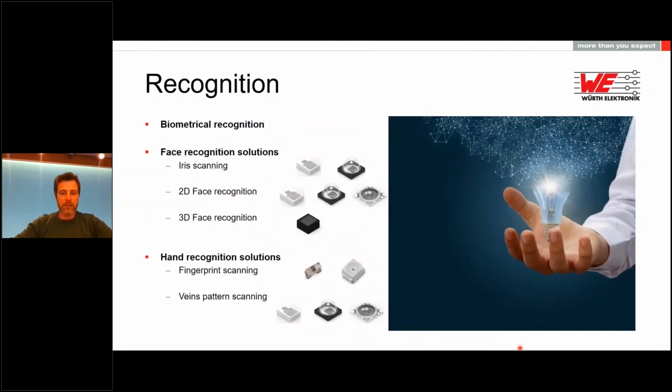On the other hand, compared to biometrics, we can put biometrics also into a different group, which is the biometric recognition group. Here we focus more on recognition of different persons, access controls and security systems.